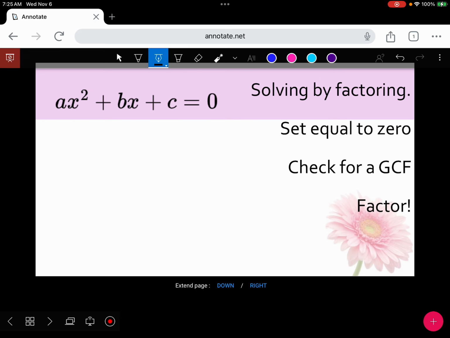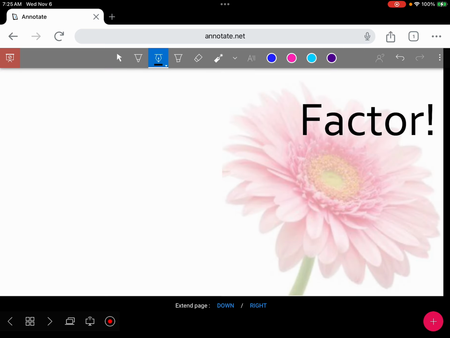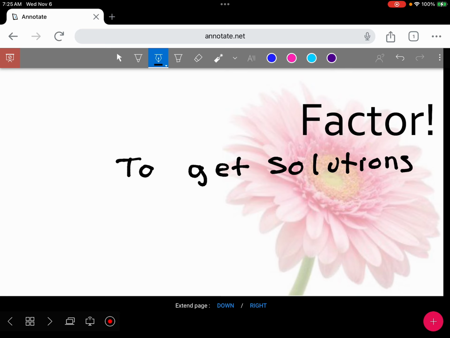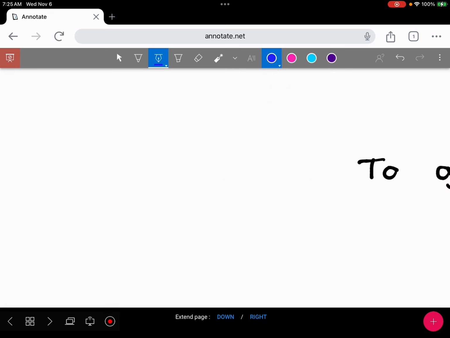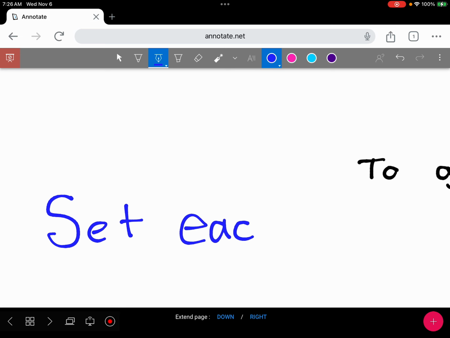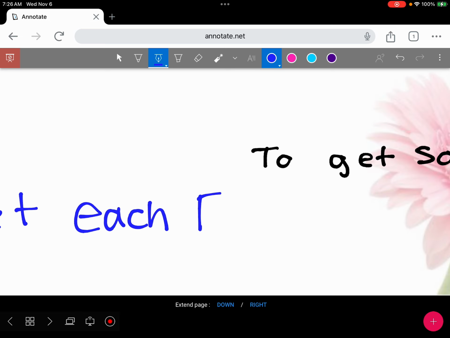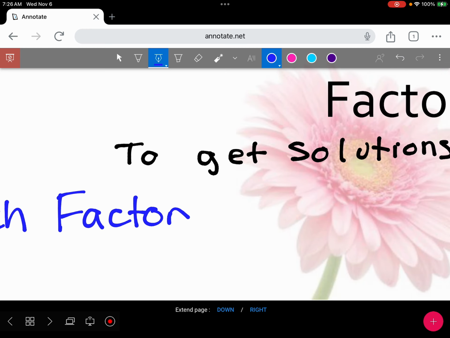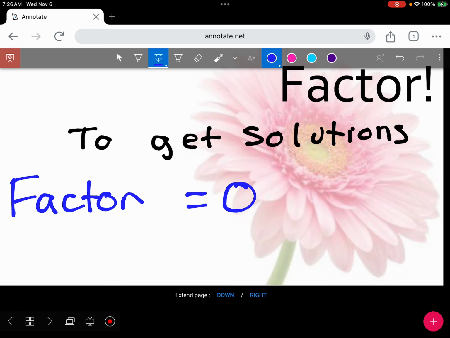Once we get it factored, to get our solutions, I'm going to write it down here. To get the solutions, the roots, the zeros, we're going to set each factor, so each of those parenthesized pieces, equal to 0, and solve.